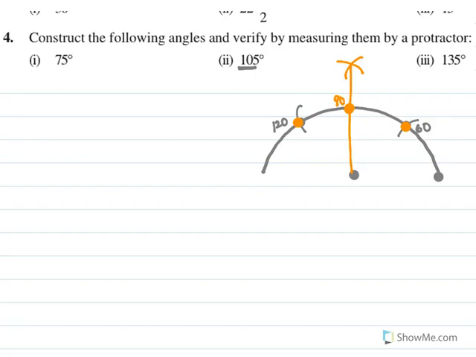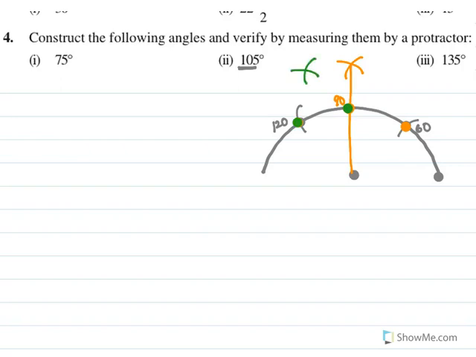Now what would happen if you bisect 90 and 120? If you bisect 90 and 120, remember between 120 and 90 it is 30, and if you bisect it, cut it into half, you will get 15. So we'll bisect 90 and 120. Keep your compass at 90, draw an arc. Keep your compass at 120, draw an arc.